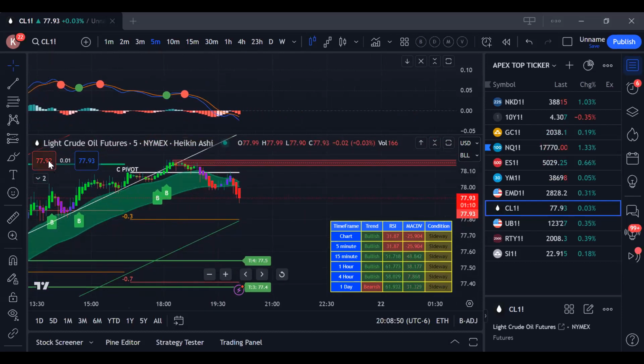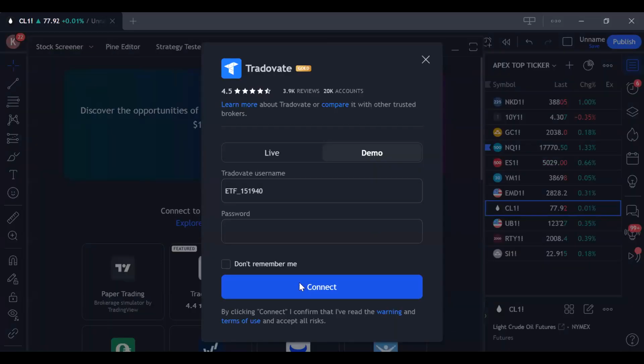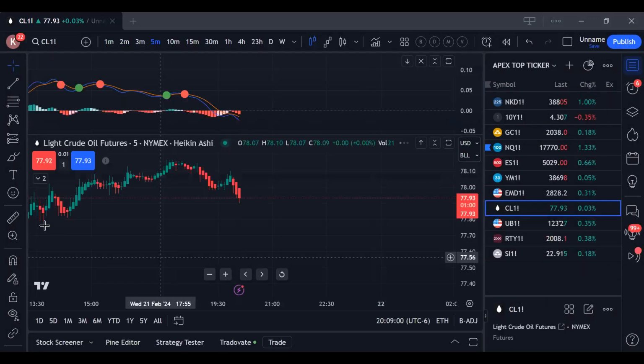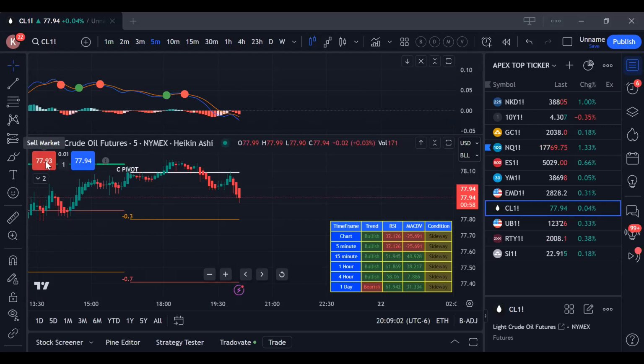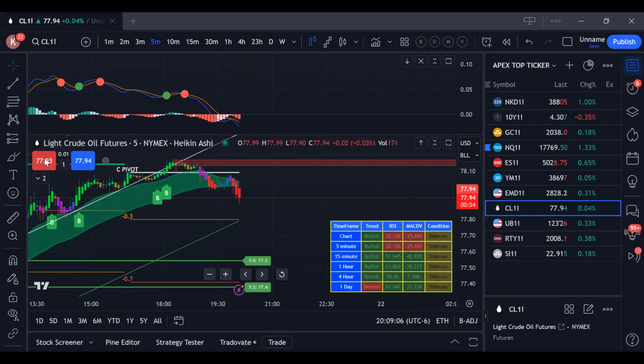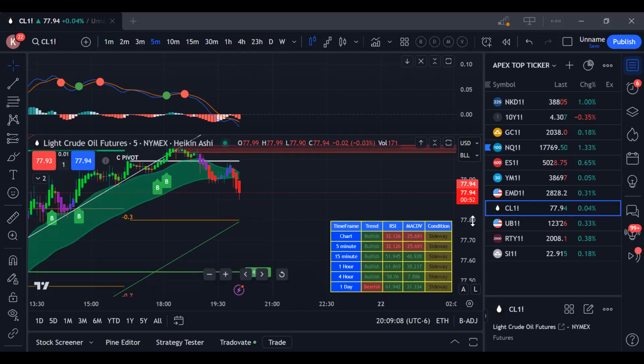So now I can just click here. For example, if I want to connect to Tradovate, I can just connect, and then there is a possibility for it to go down.